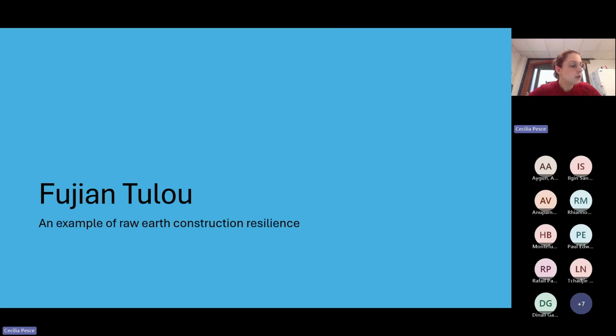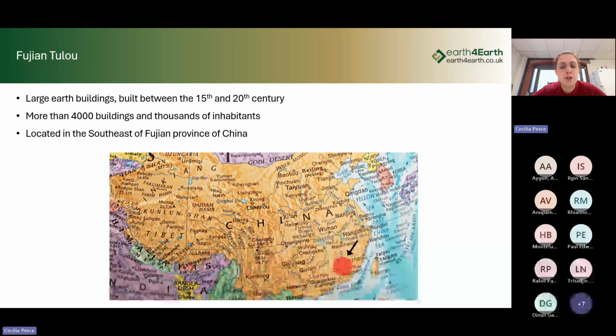And now I wanted to put a bit more focus on this type of building. It's called the Fujian Tulou, and it's quite a good example of how resilient buildings in raw earth can be. So we are in Fujian.